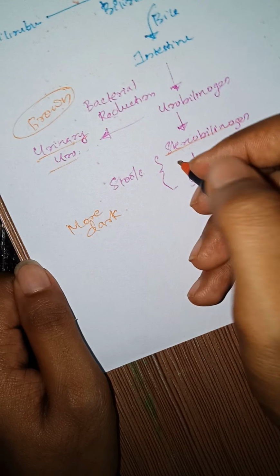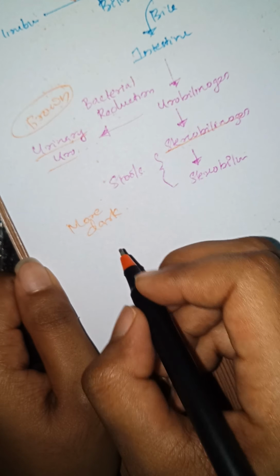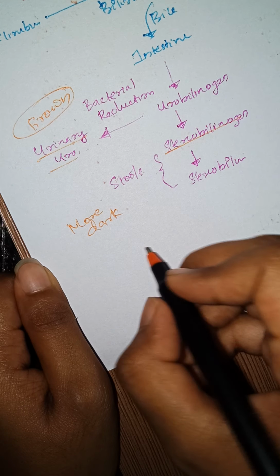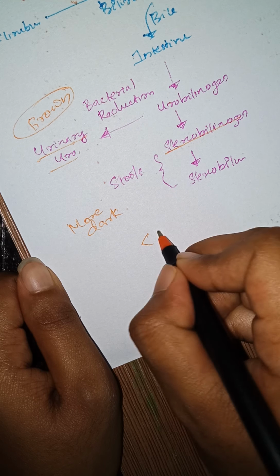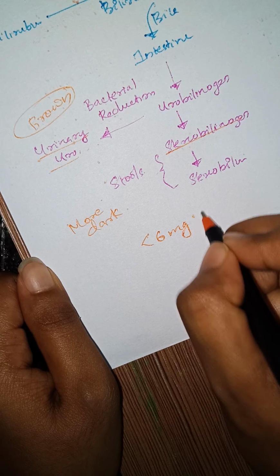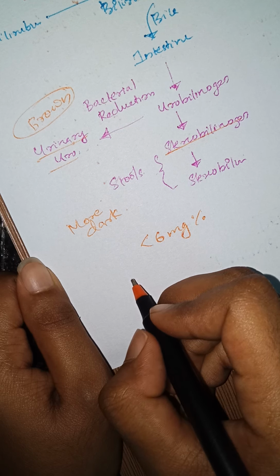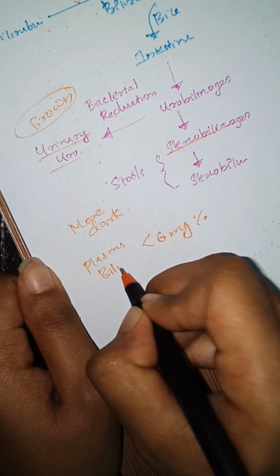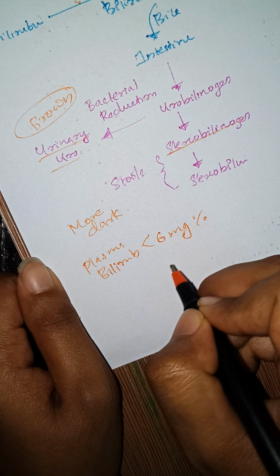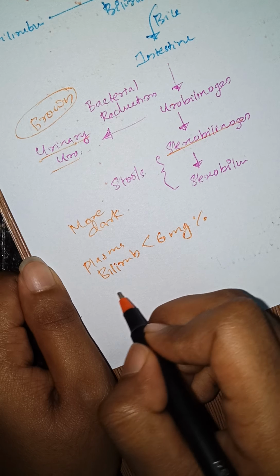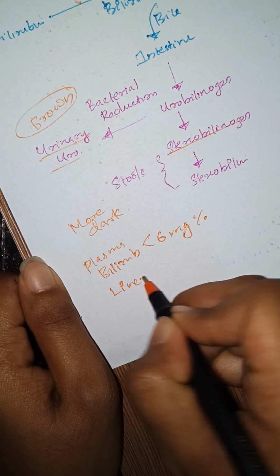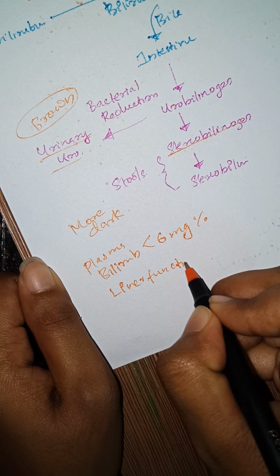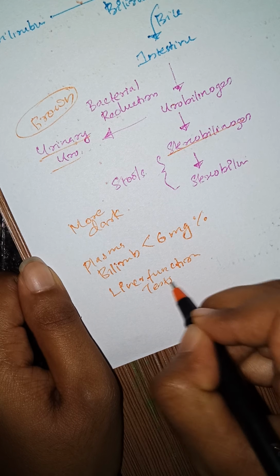Okay, and when we check, the plasma level of bilirubin is still less than 6 milligram percentage, and also the liver function tests are normal.